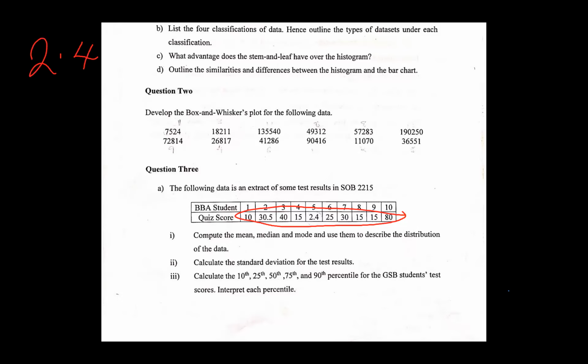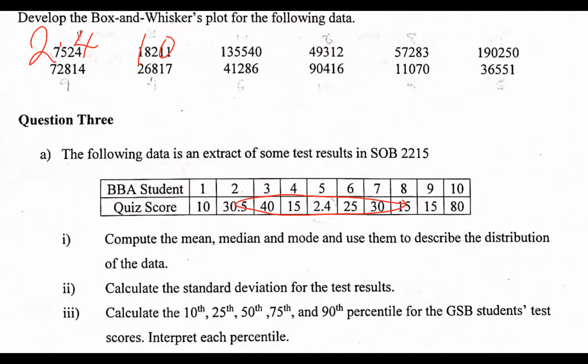What follows next? Is it 30.5? In order, 2.5, then you can come to 10. I can't see clearly. There's no 2.5, there's 2.4.